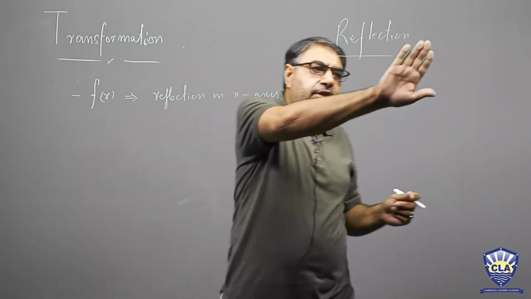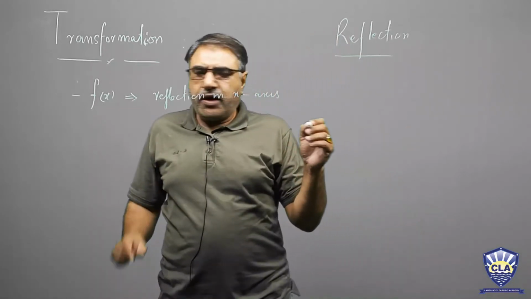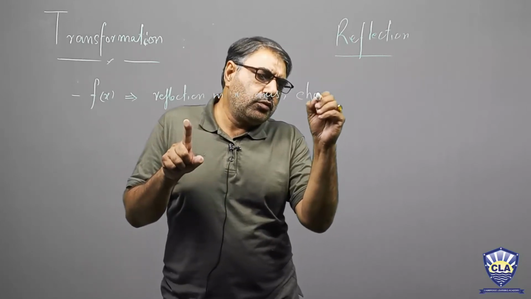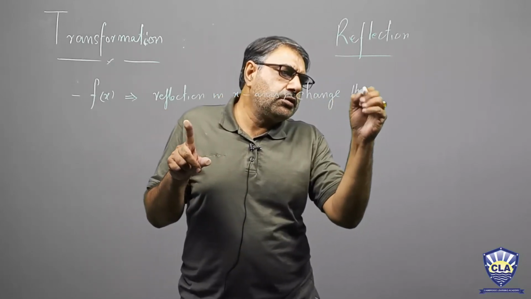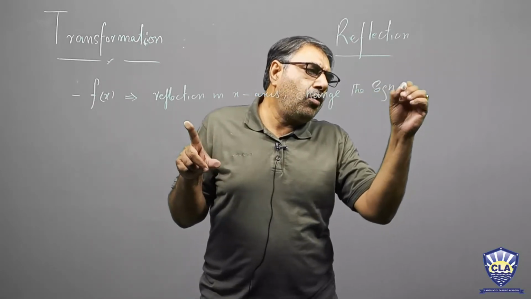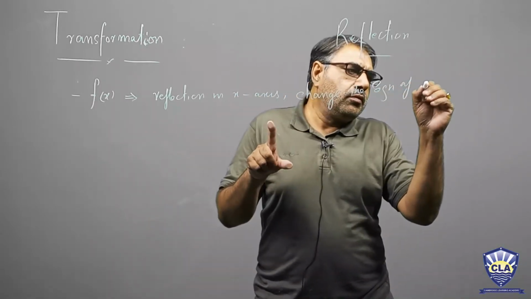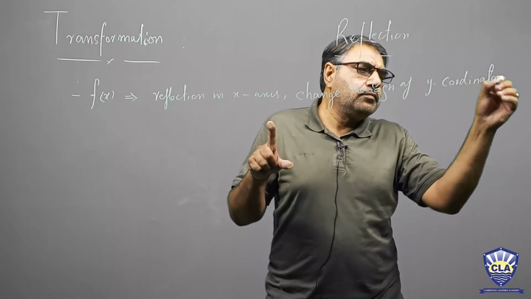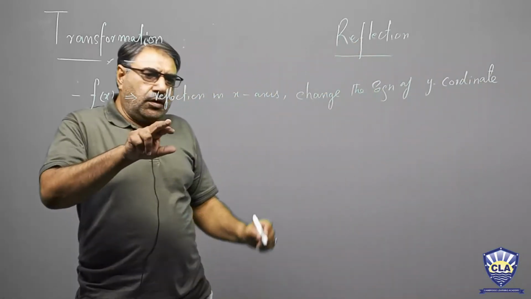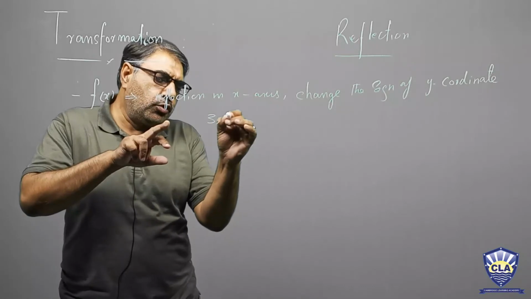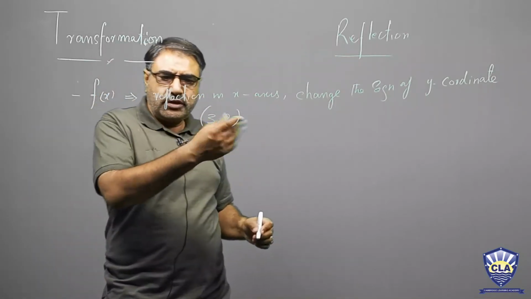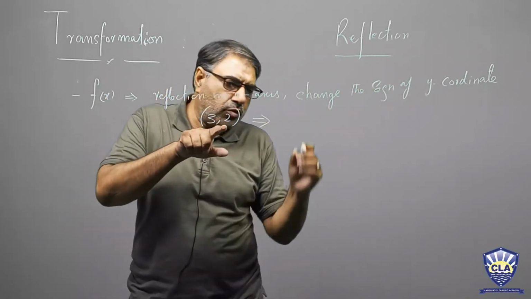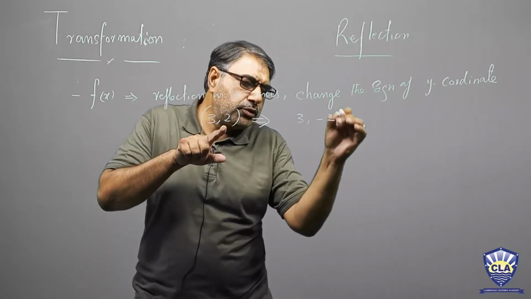When the reflection is in the x-axis, what you have to do is change the sign of the y coordinate. So if we said please reflect this in the x-axis, change the sign of the y coordinate: 3 comma 2 becomes 3 comma minus 2.